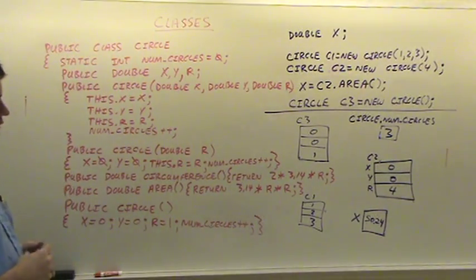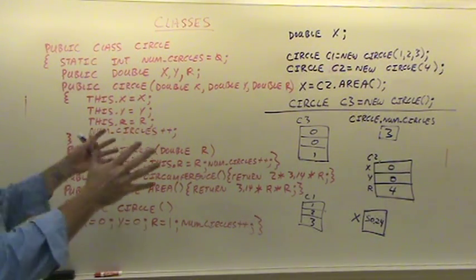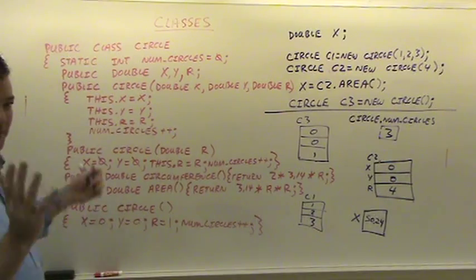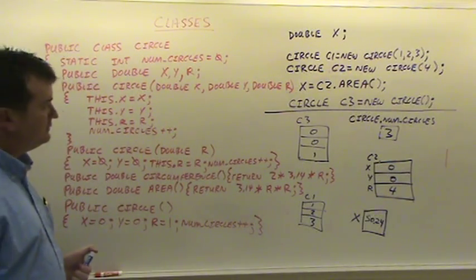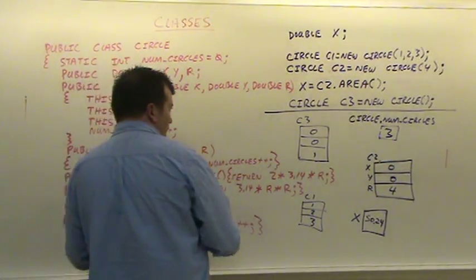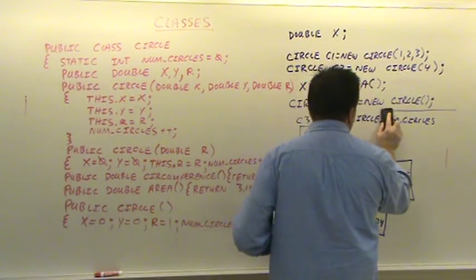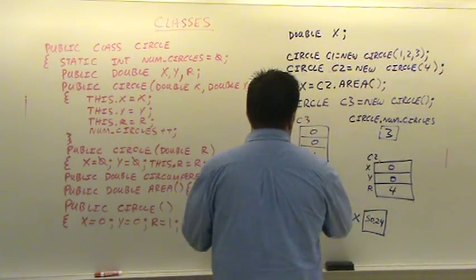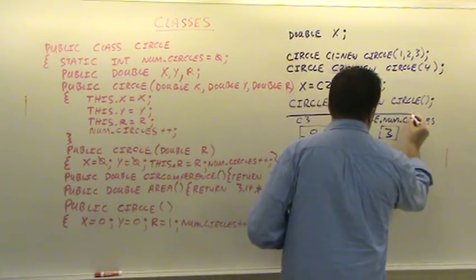So what if we wanted to now print out how many circles we have out there in our storage? I should have left some more room here. How would we print that out?